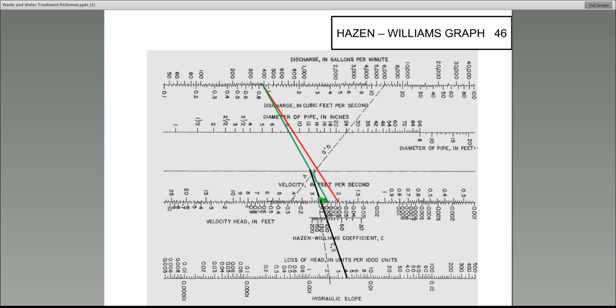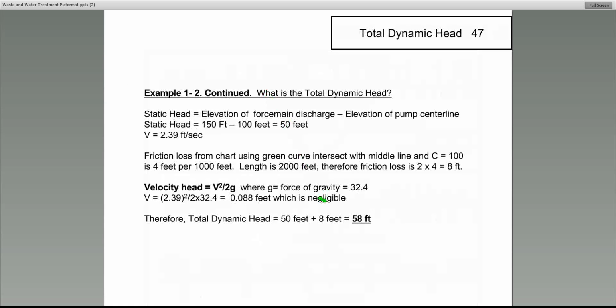Now at this pivot line, the green line, let's go back. I'm going to go back here. Getting ahead of myself. Okay. Friction loss on the chart using a green curve intersection with the middle line and C equal 100 is 4 feet per 1,000 feet.